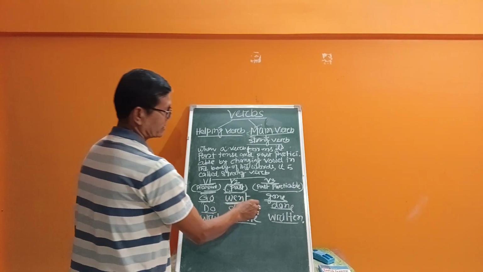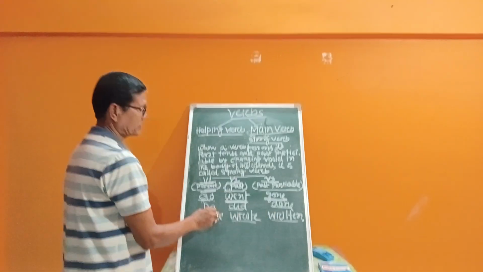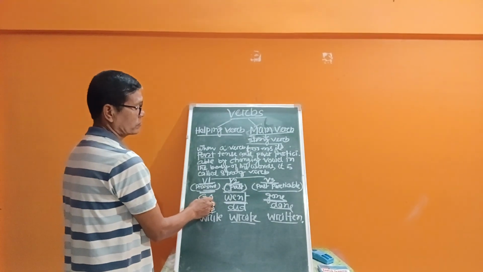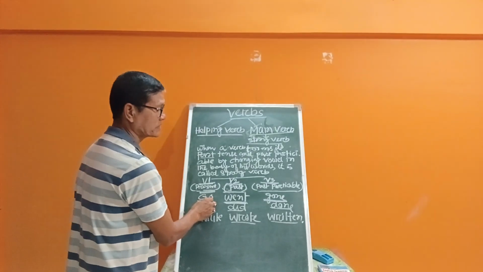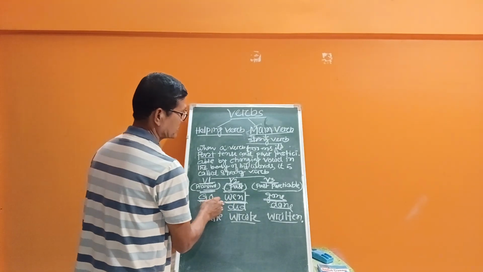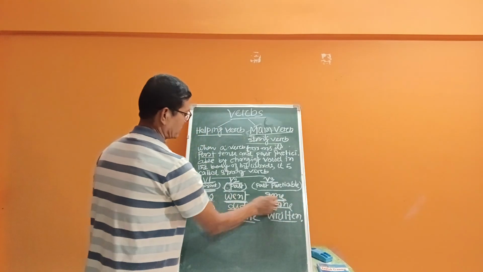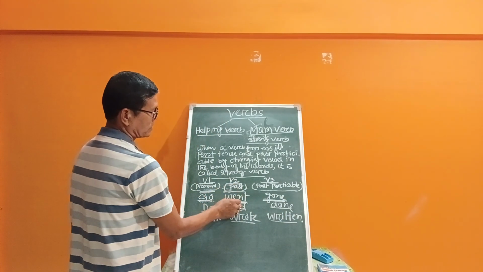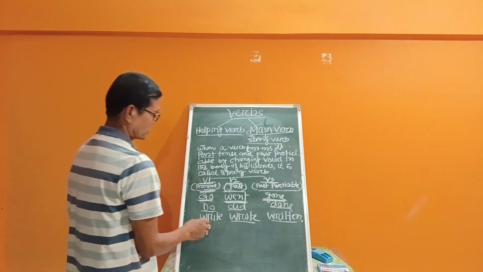And next, the past participle is formed by changing the vowel in the present form, forming gone. Go, went, gone. Go is the present tense, went is the past, and gone is the past participle.